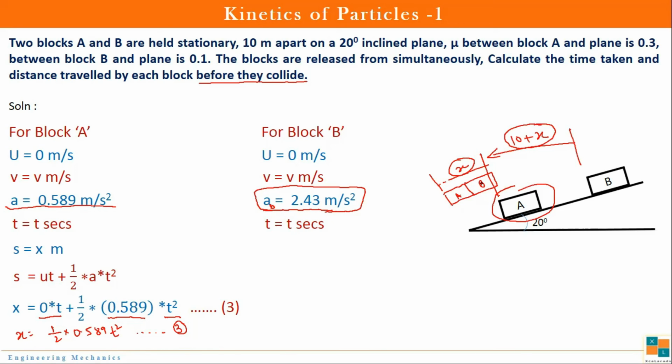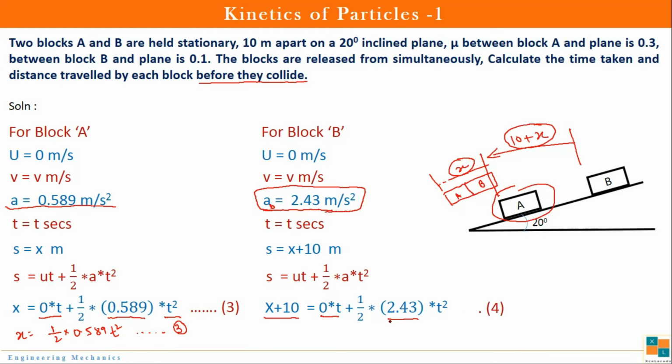So I will write s as x + 10. Again using the same formula, s = ut + ½at², and substituting the values from above, I get x + 10 = 0·t + ½ × 2.43 t². Let this be equation number 4.